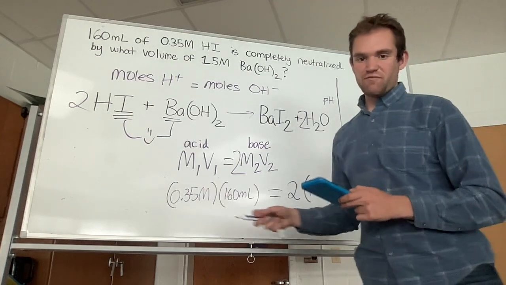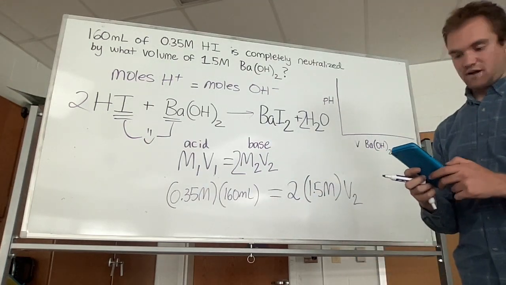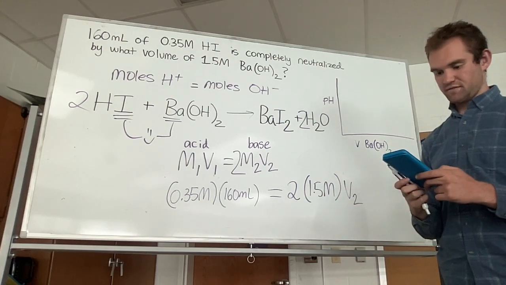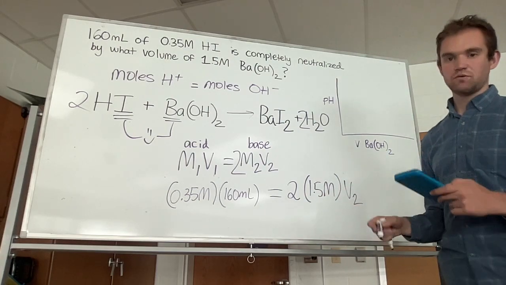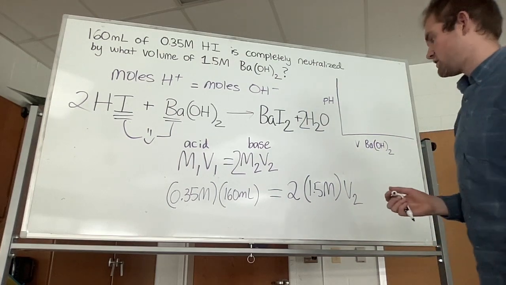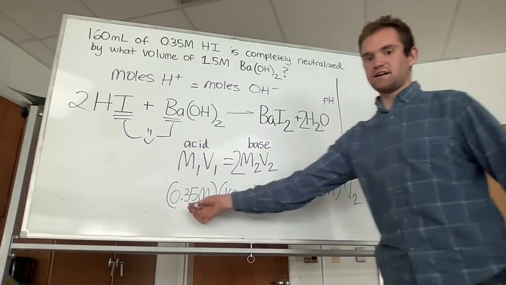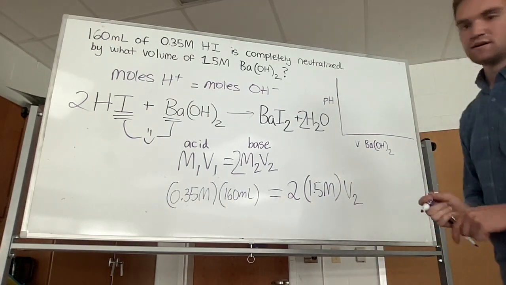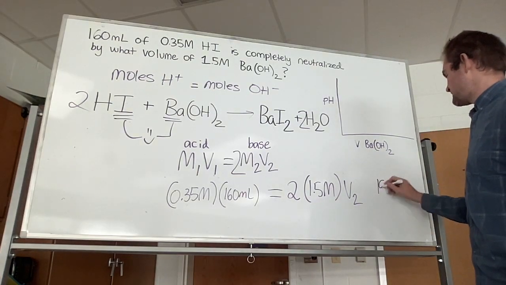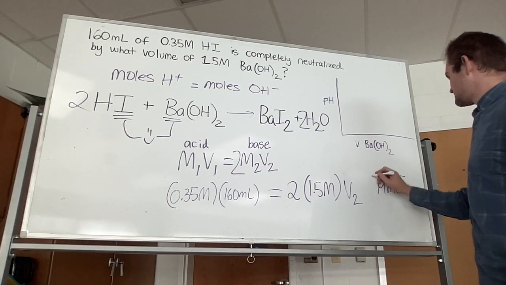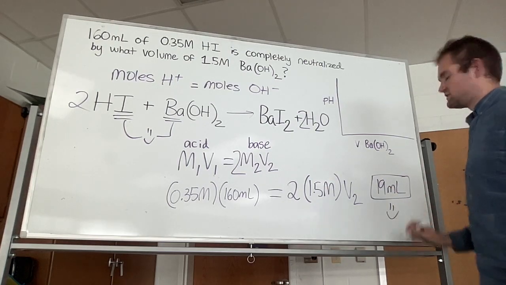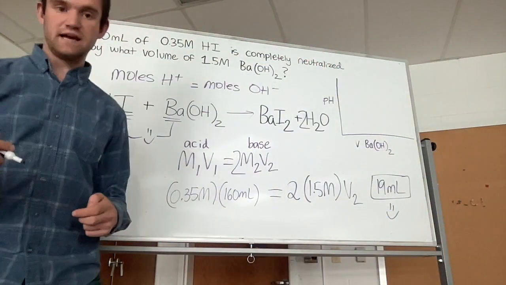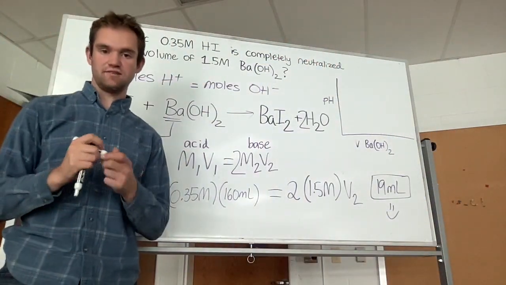Multiply 0.35 by 160 and then divide by 2 times 1.5, which is 3, so divide by 3, and I'm getting 18.67. So looking at sig figs, I got 2, let's just leave it at 2. So 18.67, 19 milliliters, and we're having a good day. So that's how much base you need in order to neutralize the acid.